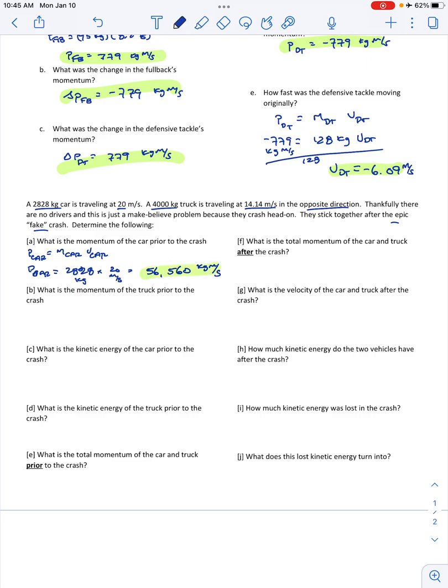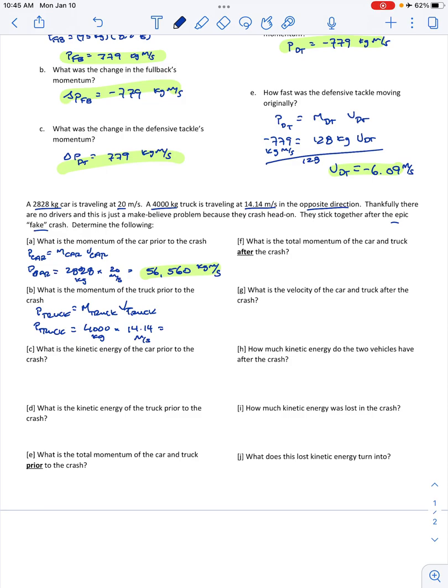What is the momentum of the truck prior to the crash? So P of our truck equals the mass of our truck times the velocity of our truck. The mass is 4,000 kgs times 14.14 meters per second.